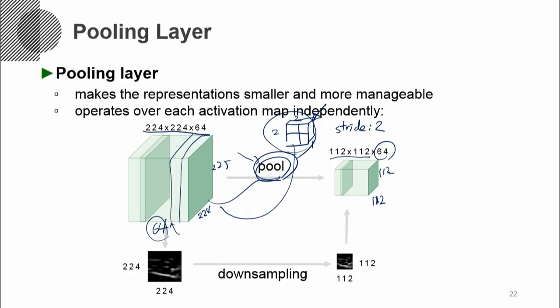This is how the max pooling, or pooling layer, is applied. It is also called downsampling, or a kind of resizing of the input activation map. It doesn't change the depth at all, but it basically reduces the activation map size in terms of its width and height.